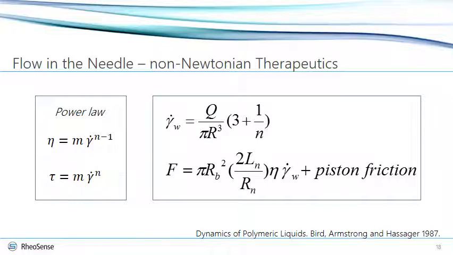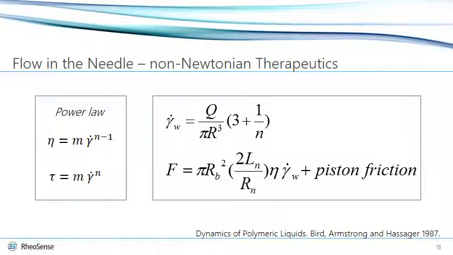Once our constitutive equation has been established, we can obtain a solution for the flow inside the needle, and the slope of the velocity profile, the shear rate, is going to be given by this expression for a power law fluid. Notice that n, the power law coefficient, appears here in the denominator.